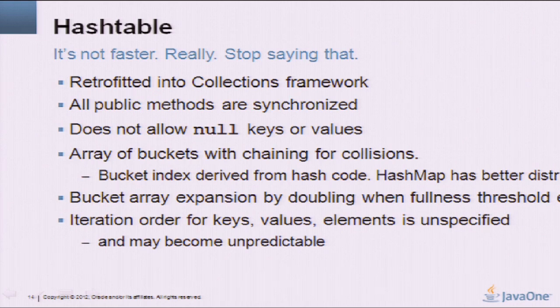In particular, one area where Hashtable is weak, and this was done in order to preserve iteration order from very early implementations, so that if applications had assumptions on iteration order, they didn't have to change those, is that they didn't change the way key distribution is done. If you have a bad hash function, Hashtable ends up with far more collisions than HashMap, which kills performance. So in almost every circumstance, HashMap is going to have better performance than Hashtable.